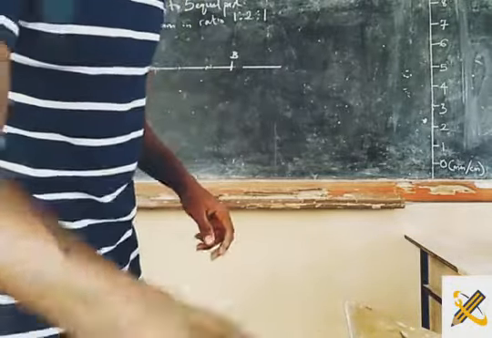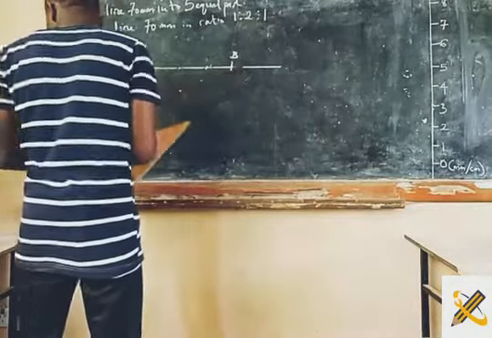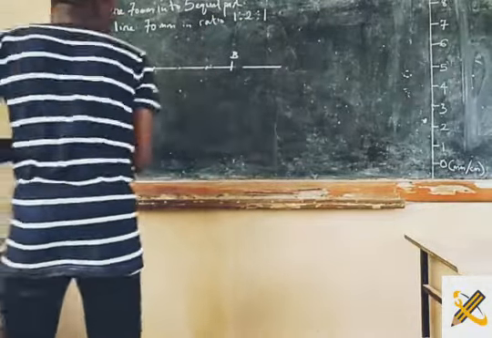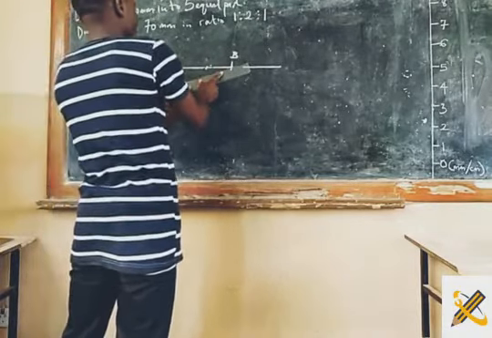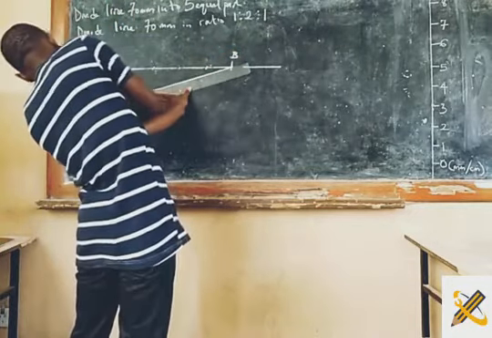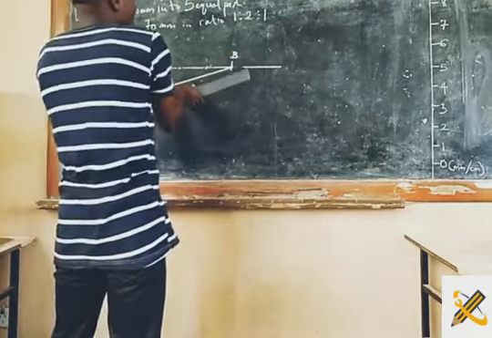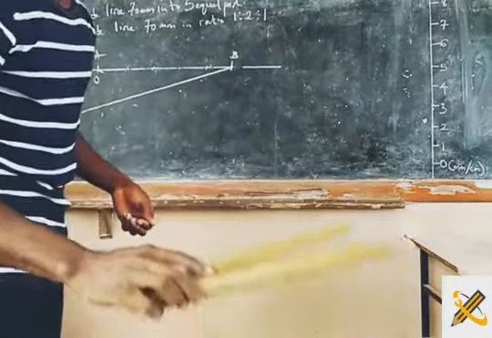Just like what we did earlier, pick your set square. You understand? So I'm going to go towards this direction now. Let's say from point B, like this. Alright? So the next thing is, I'm going to step it over how many times? 4 times.